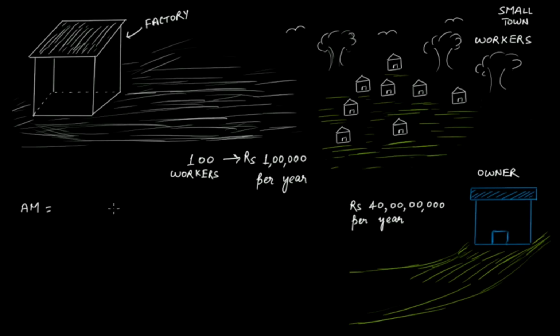So you have 100 workers and each worker earns 1 lakh per annum, and this 40 crore, divided by 101, because 100 workers and this one man, the owner.